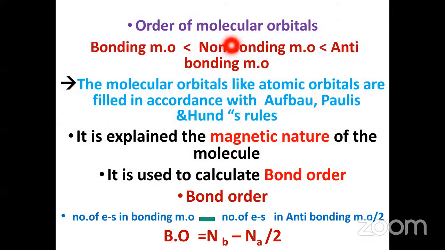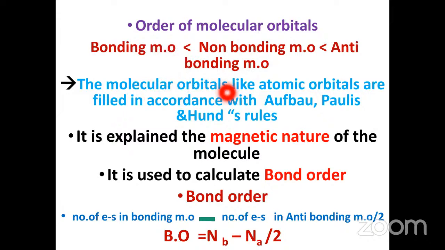Order of molecular orbitals. Anti-bonding molecular orbitals have higher energy and lesser stability than non-bonding molecular orbitals. Then non-bonding molecular orbitals have higher energy and lesser stability than bonding molecular orbitals. The bonding molecular orbitals have lesser energy and greater stability.